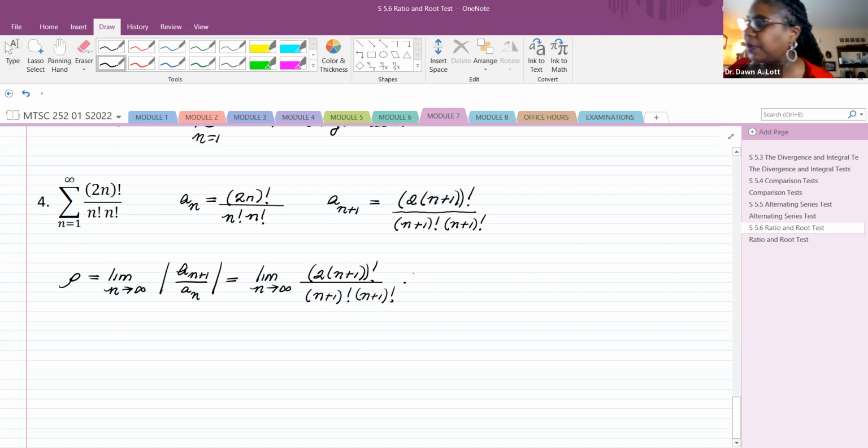And then when I divide by a_n, I multiply by the reciprocal. So I'm going to get n factorial n factorial divided by 2n factorial. Okay, so again, we're going to put like terms on top of each other.